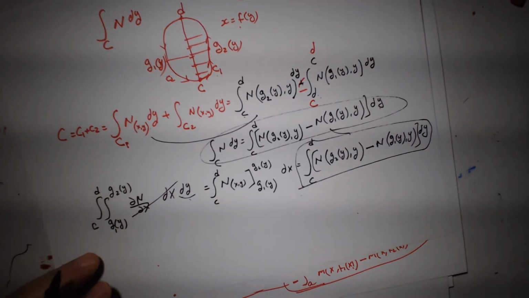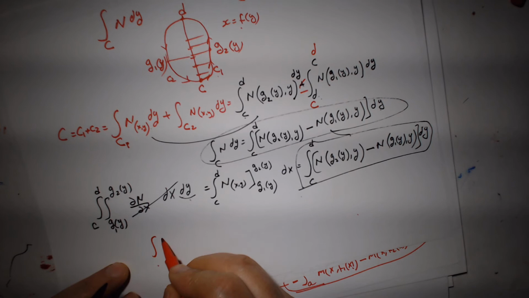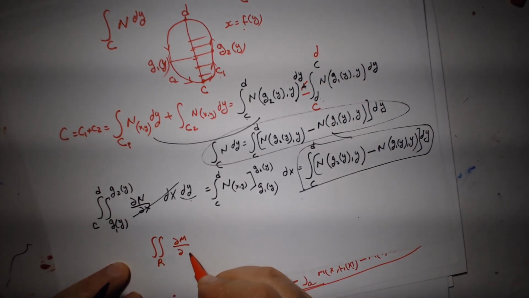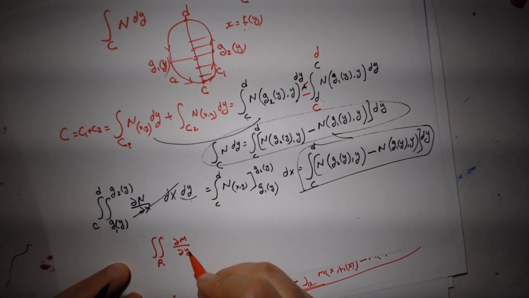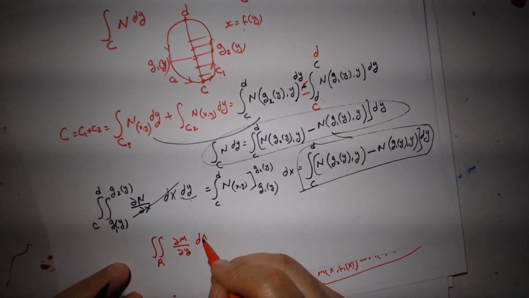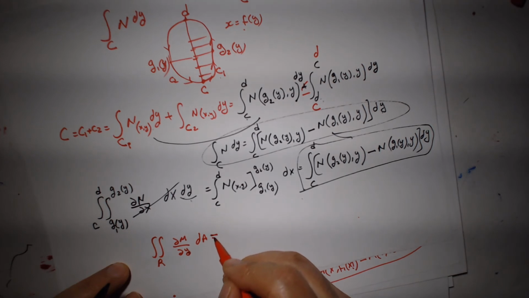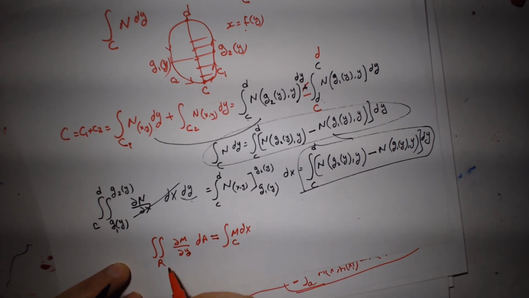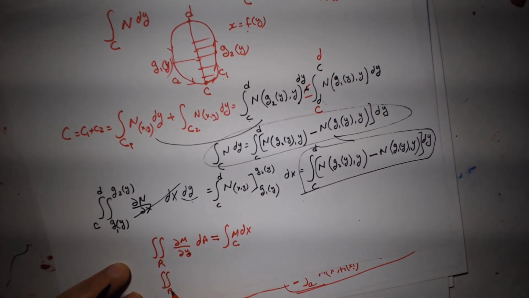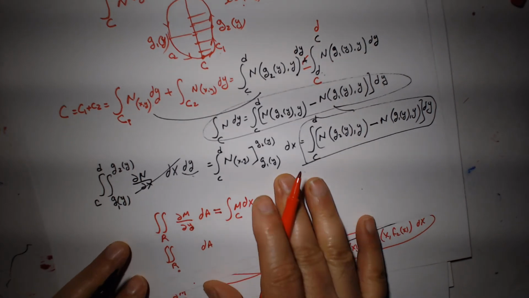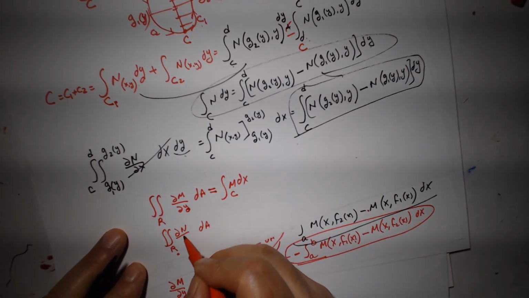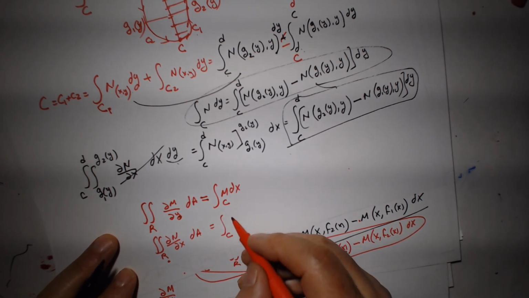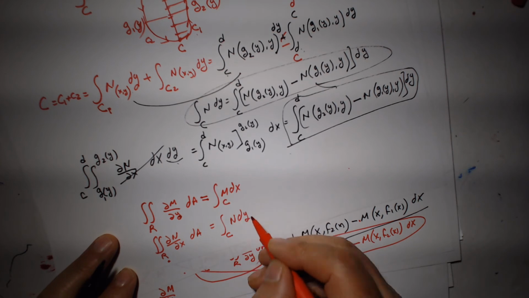From today you have to know, in the previous one, when we had the partial of M with respect to y, dA was exactly equal to M dx, and the partial of the region of dA, the partial of N with respect to x, was the line integral of N dy.